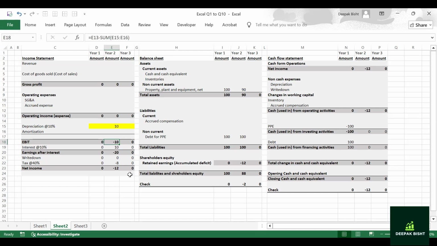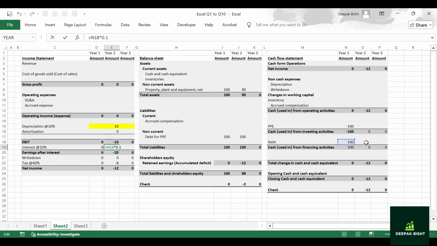Now, EBIT, I'm assuming amortization is zero. EBIT will be negative. So interest of 10%, we actually have to pay interest not on the EBIT, but on the debt. The interest is paid on the debt, not on EBIT.